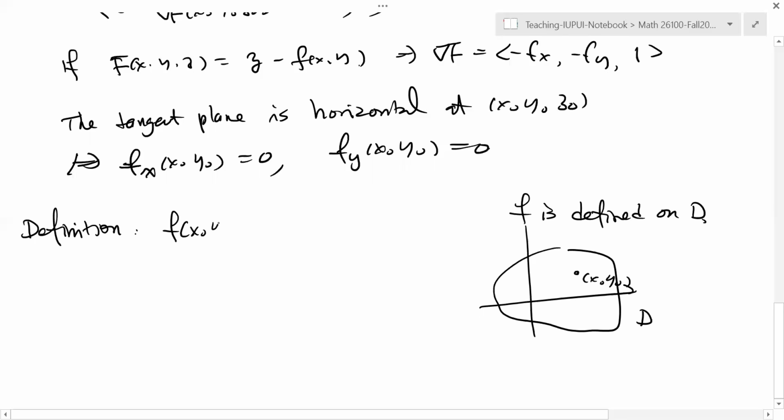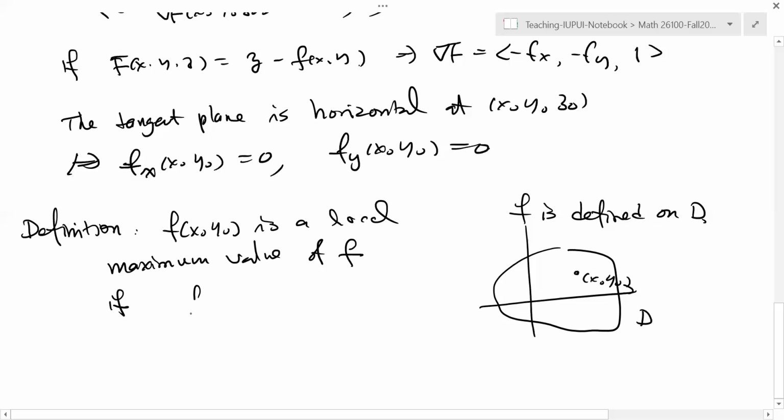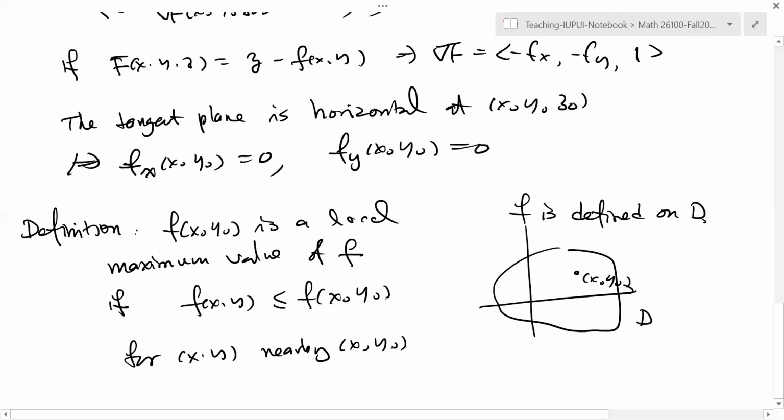f(x0, y0) is a local maximum value of f if the value of the function for (x, y) close to that point is always less than or equal to the value at that point.